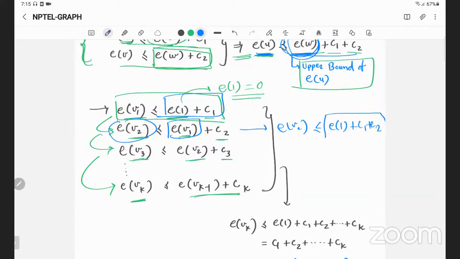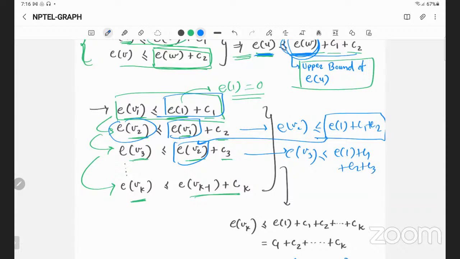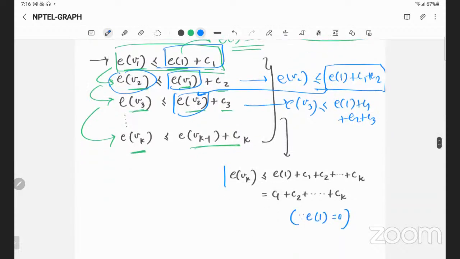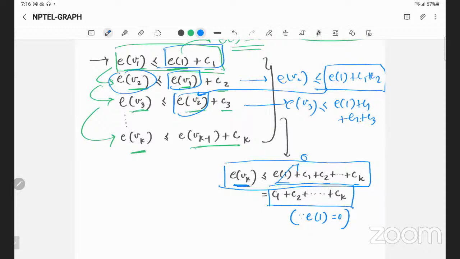Then you can put this value here. So it will become EV3 is less than or equal to E1 plus C1 plus C2 plus C3. At the end, you will get this equation: EVK is less than or equal to E1 plus C1 plus C2 up to CK, and you can replace E1 with 0 as it is given in the question, and you will get a constant upper bound for EVK.